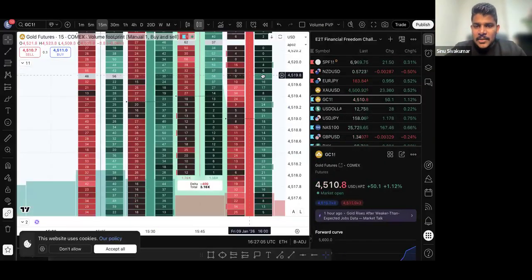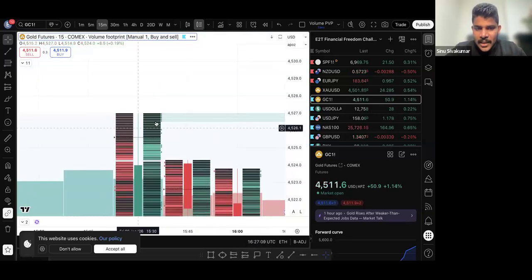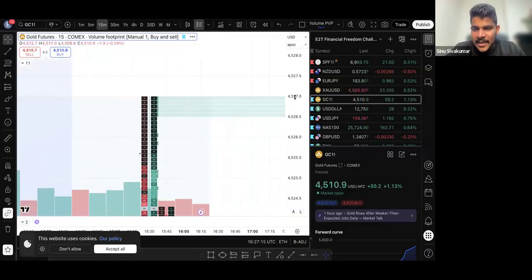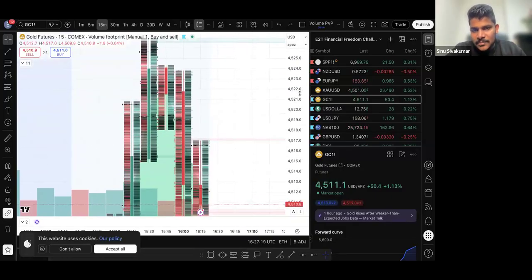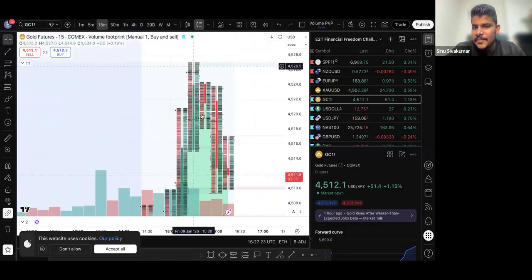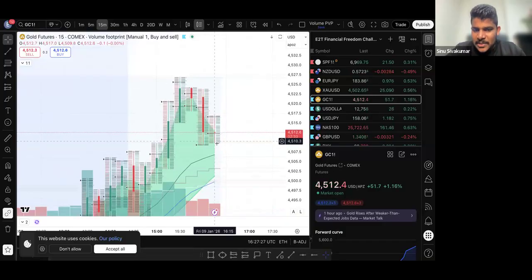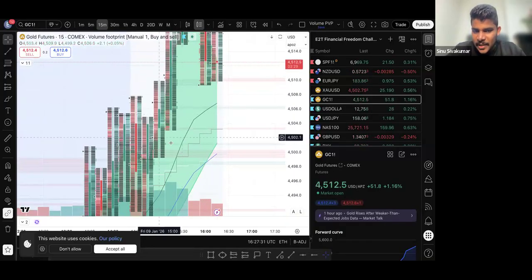Let's say those who have bought here at this particular area would have been hoping, okay, the market is trading at all-time high, it will come back and hit new higher highs at least for 15-20 minutes. And what will happen, they will try to close the position until these stop losses have been hunted.